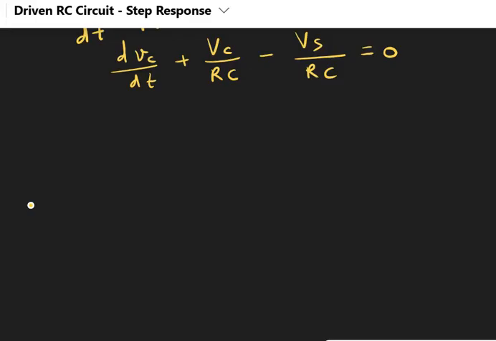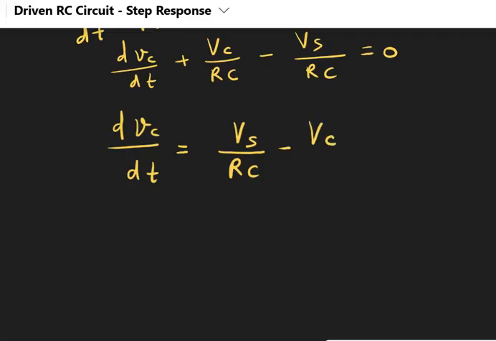Now we will keep dVc by dt here and take both other terms on the right hand side: Vs upon RC minus Vc upon RC.